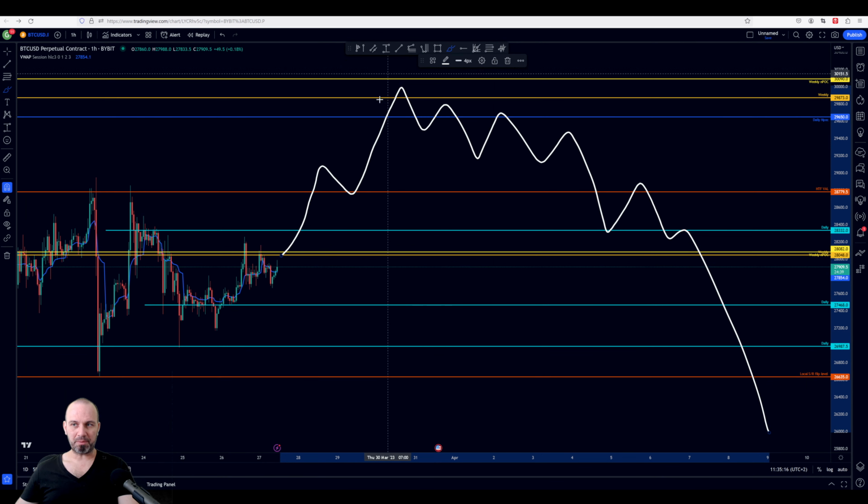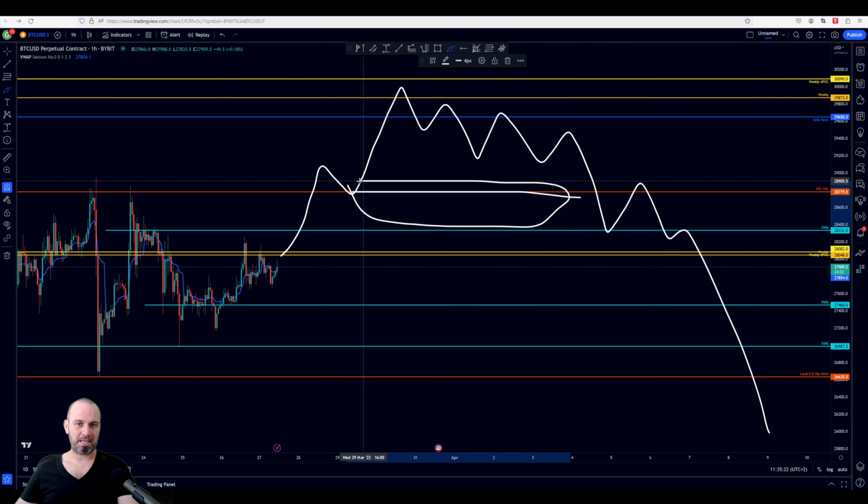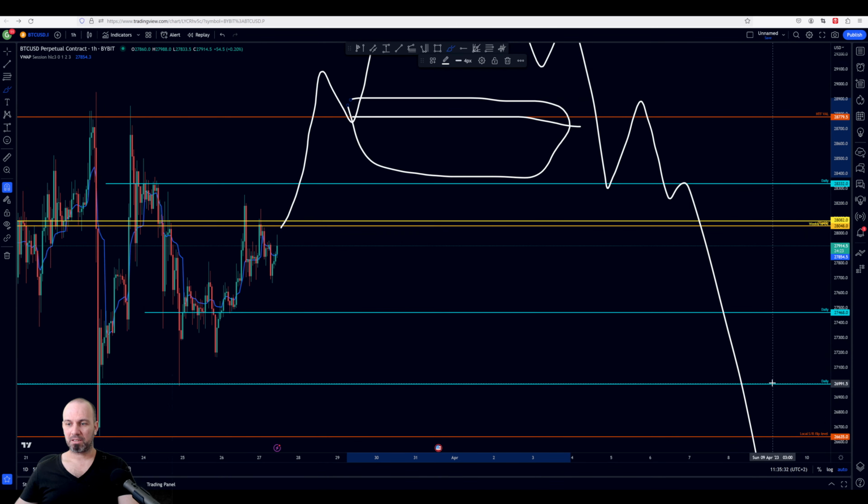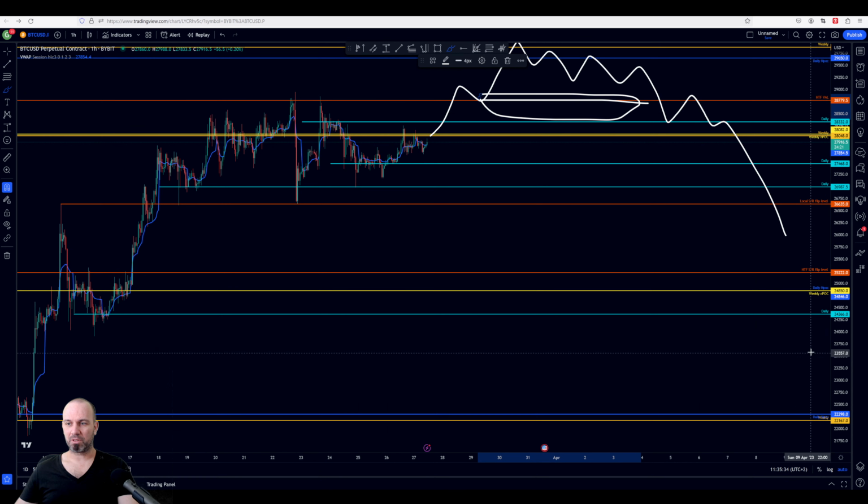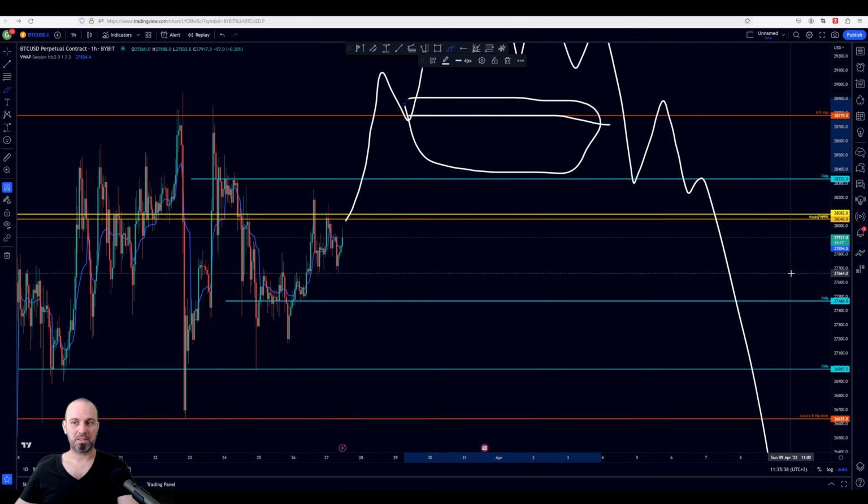So if the price moves here, this level needs to hold. Again, think about it as an area, not the absolute, but this level needs to hold. If this level is lost, that's weakness, and it opens the possibility for the 25K area once again.